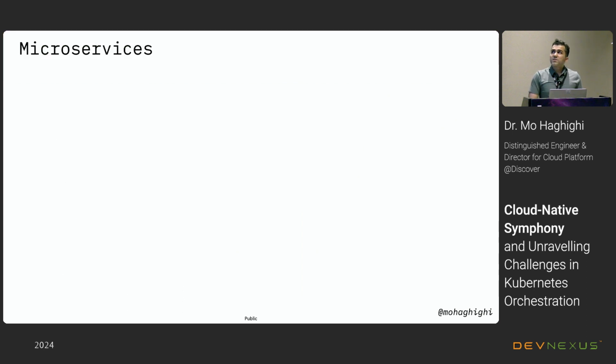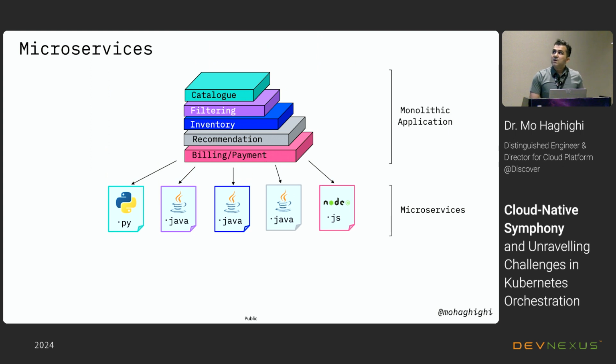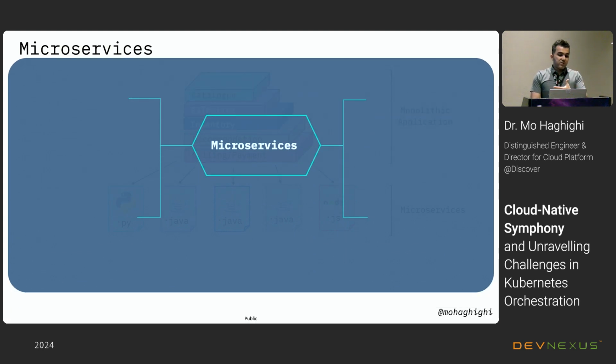So let's go back to our microservices. We've got this monolithic application, and we break it down into individual microservices, which can be written and deployed in different programming languages. And that gives us a number of advantages, as a summary. The first one is services can evolve on different timelines, as I mentioned.